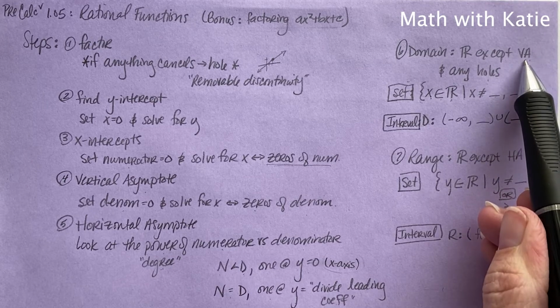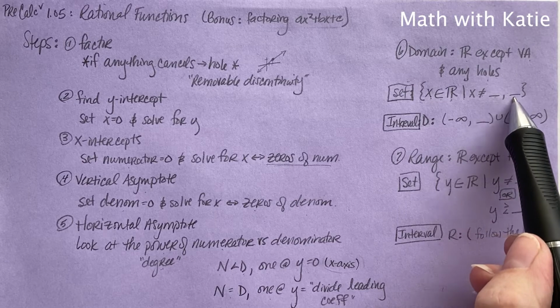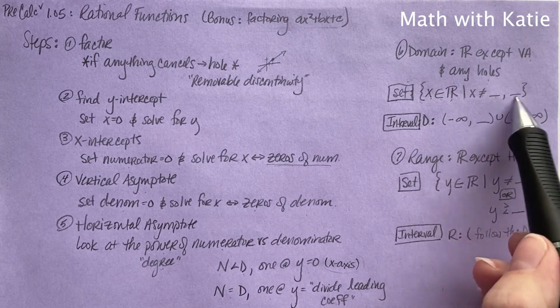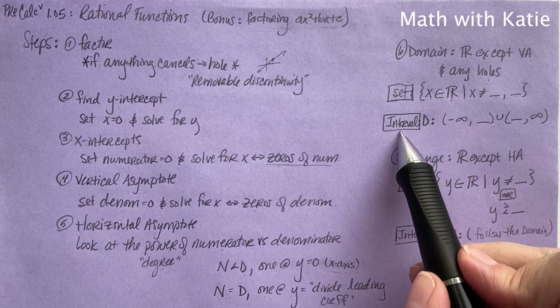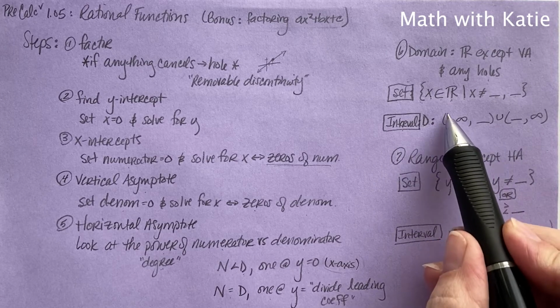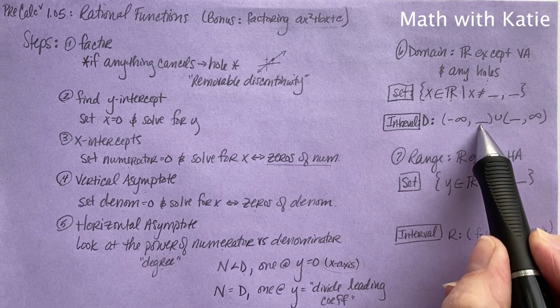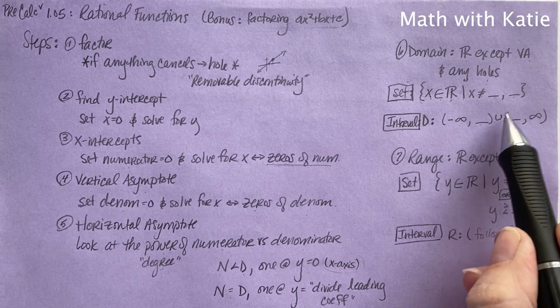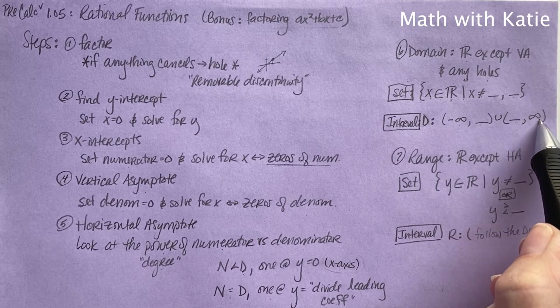Now you can always have more than one vertical asymptote. So if you have more than one and you have a hole, just keep going. Okay, then there's interval notation, where we say the domain is negative infinity to whatever, union whatever to positive infinity.